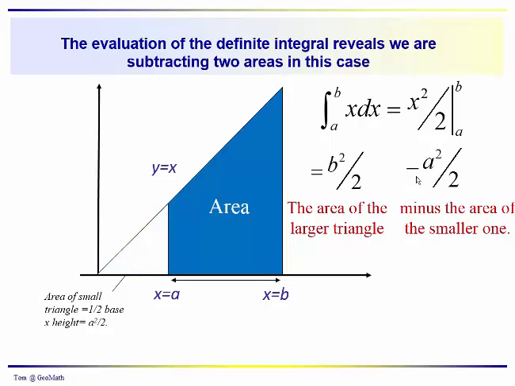And then we are subtracting from that a squared over 2, which is the area of the smaller triangle here. So we get the area between these two values of x equal a and x equal b, of the function y equal x.